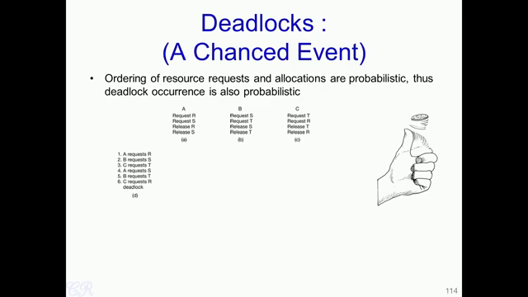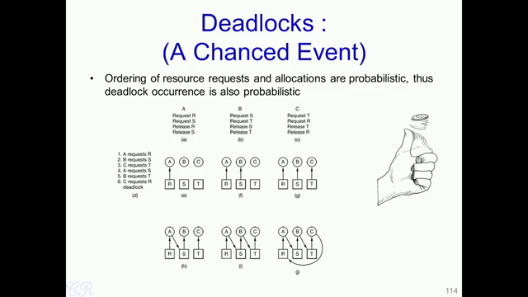Let us consider this particular sequence: A requests R, then B requests S, C requests T, then A requests S, B requests T and C requests R. This is one potential order for how requests occur. We can use our resource allocation graphs to view this.